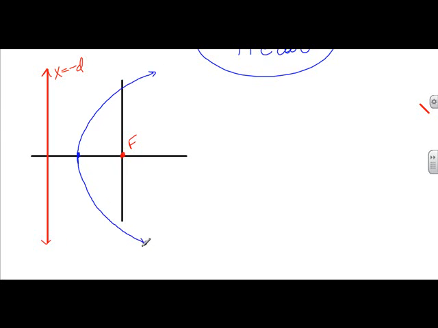We're still looking for the distance from P to F over the distance from P to L to be equal to the eccentricity E. So if I pick a point P, remember that P has coordinates r, theta. This is the value r.